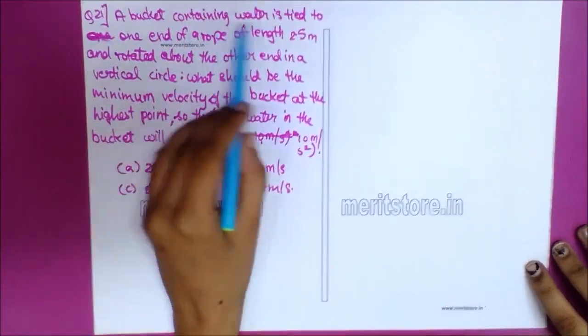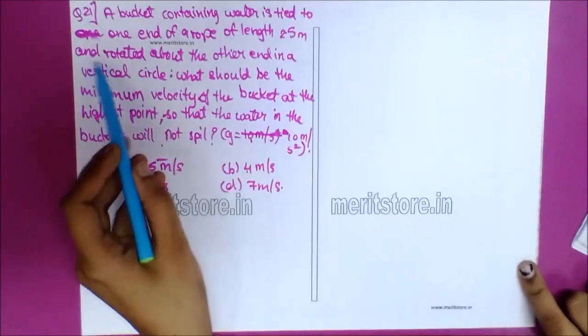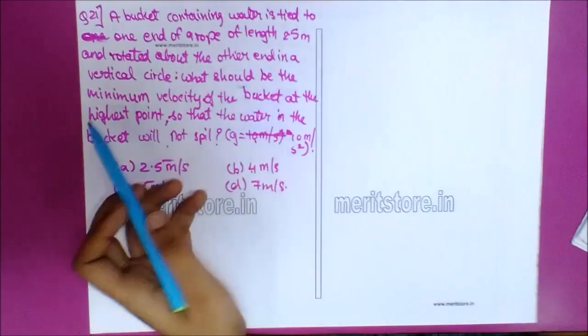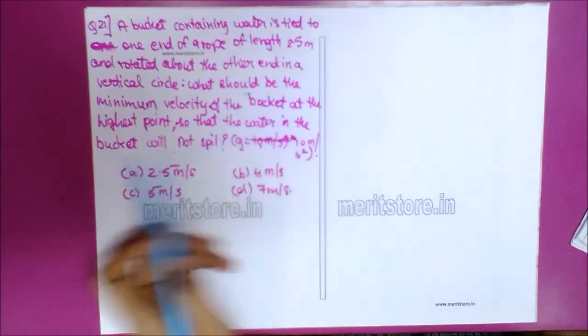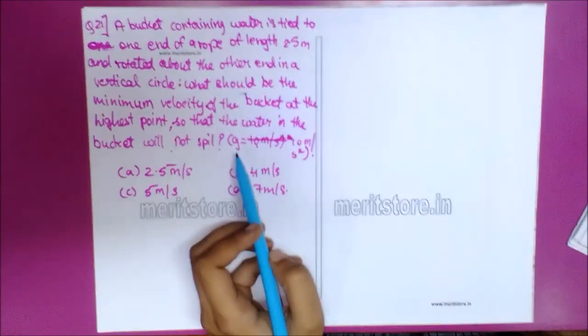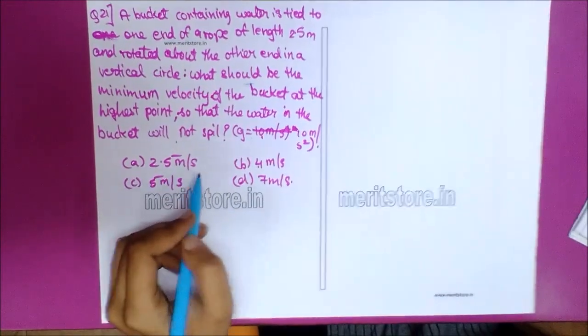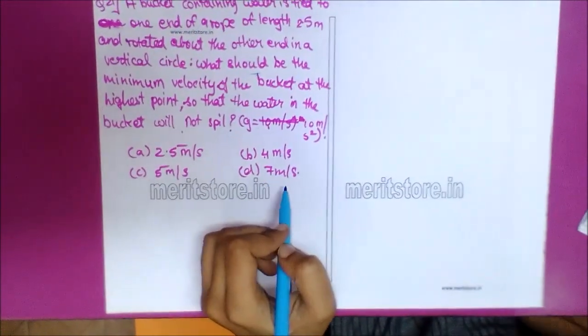Question 21. A bucket containing water is tied to one end of a rope of length 2.5 meters and rotated about the other end in a vertical circle. What should be the minimum velocity of the bucket at the highest point so that the water in the bucket does not spill? We will take g as 10 meters per second squared. A 2.5 meters per second, B 4 meters per second, C 5 meters per second, D 7 meters per second.